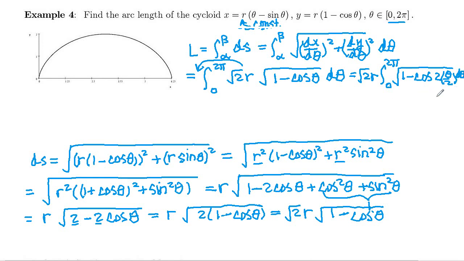The reason that I did that is, remember our half angle identity is that sine squared theta is equal to 1/2 times 1 minus cosine of 2 theta. So here we use theta and 2 theta. If we've got a theta here, then this angle has to be half as much.